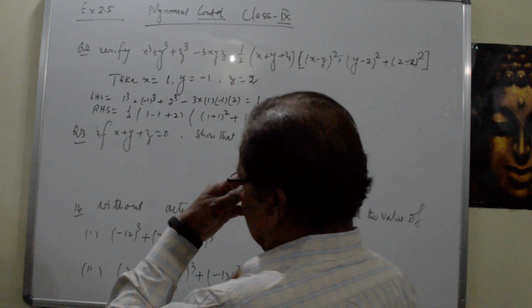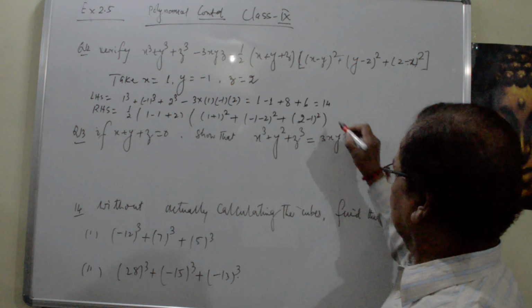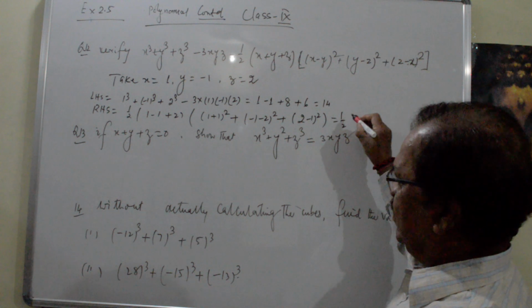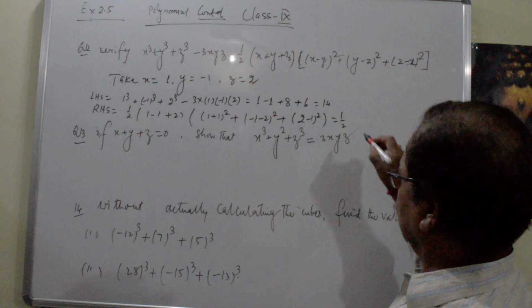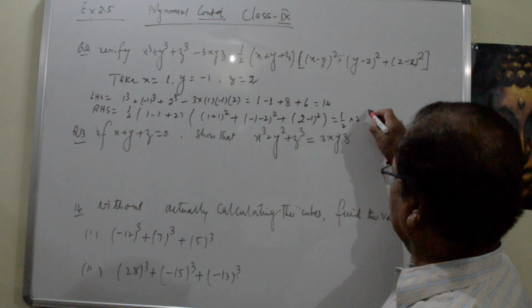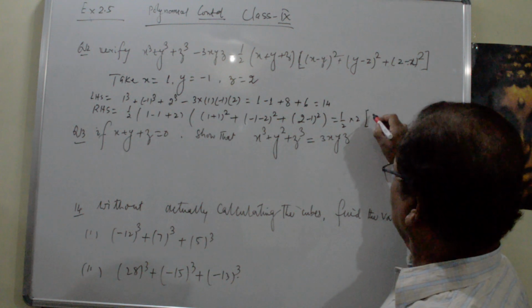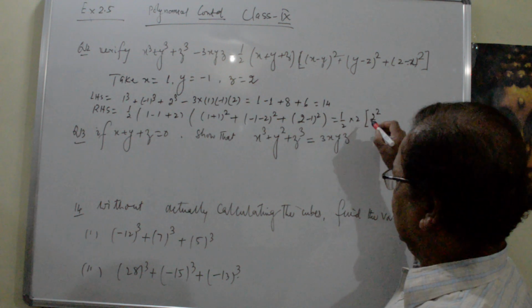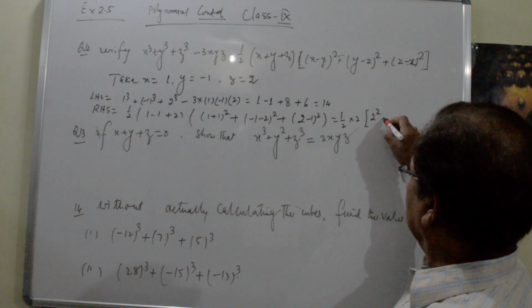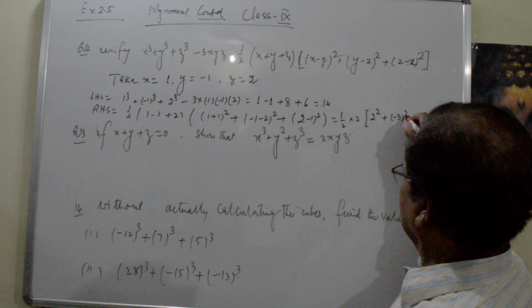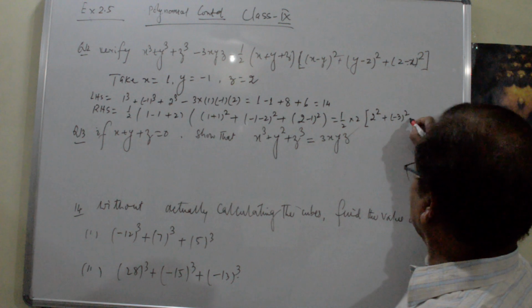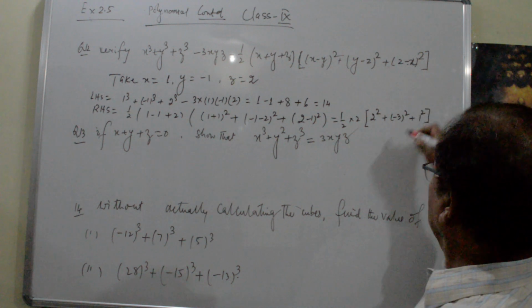So here is the result, and this is finally 1 by 2, 1 minus 1 cancels, 2 is left. So 2, and then 1 plus 1 is 2, 2 whole square, minus 1 minus 2 is minus 3, whole square, then 2 minus 1 is 1, 1 whole square.